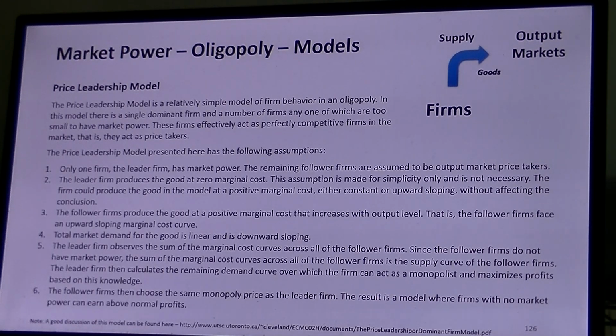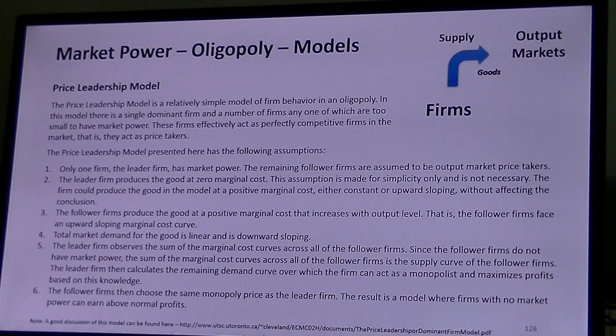So what's going to happen here is the leader firm then calculates the remaining demand curve over which the firm can act as a monopolist and maximizes profits based on this knowledge. What the leader firm does is it looks at the total market marginal cost curve of its competitor firms that don't have market power.